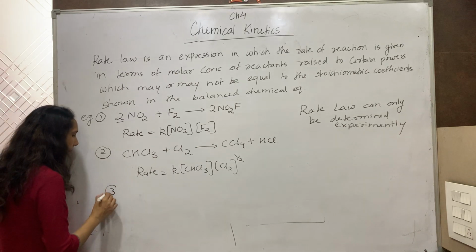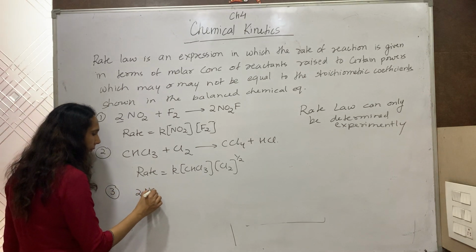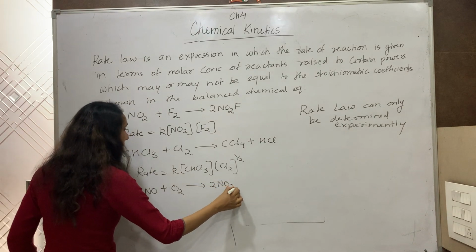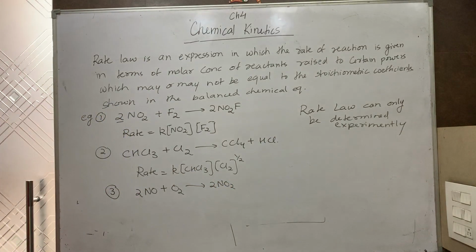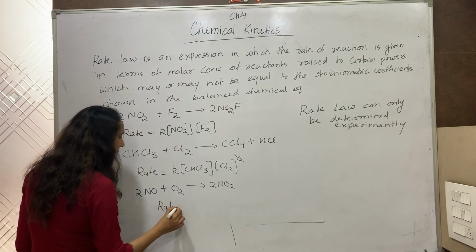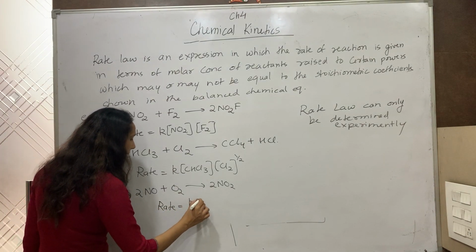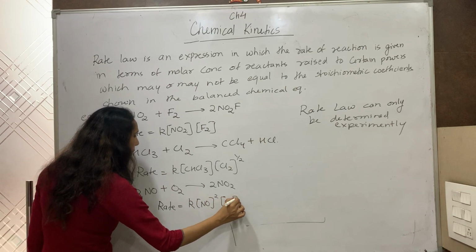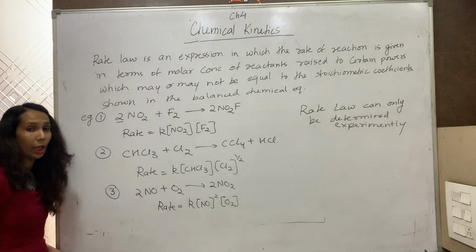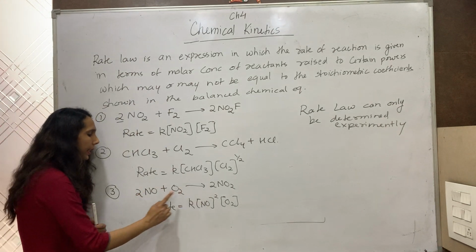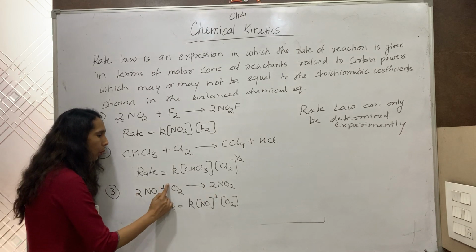I take a third example. This is the reaction: 2NO plus O2 gives 2NO2. The rate of reaction is equal to k[NO] to the power 2, [O2] to the power 1. You can see, in this case, the powers are exactly equal to the stoichiometric coefficients, 2 and 2, 1 and 1.